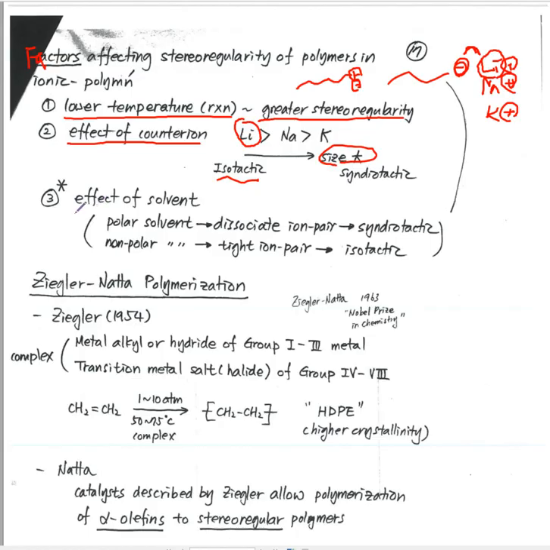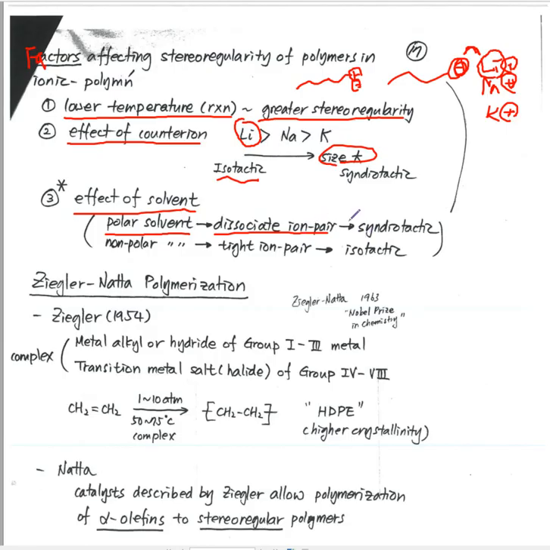Another effect is the effect of solvent. If you use a polar solvent in polymer synthesis, the polar solvent tends to dissociate these two ion pairs, the polymer chains and the counter-ions, because of the interactions between these ions and the solvent. The distance between these two ions becomes larger.